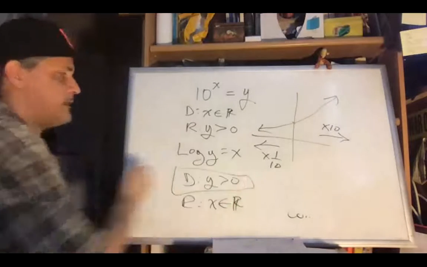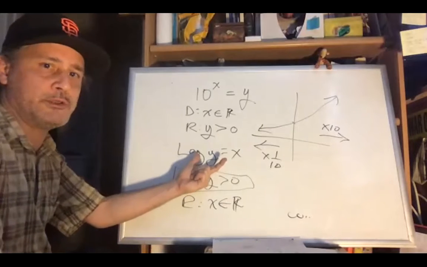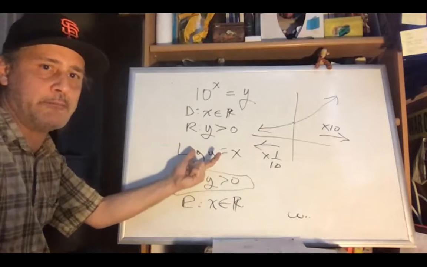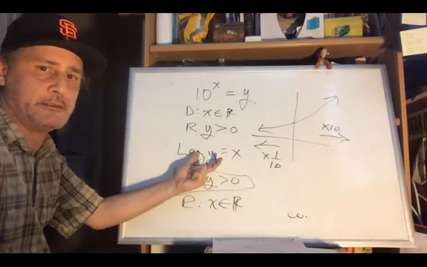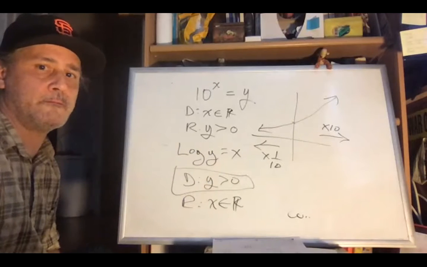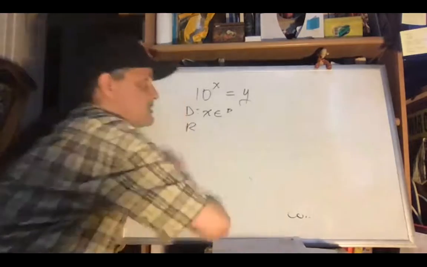So this is the domain issue. Whatever value we want to relate to an exponent has to be a positive number. We can't just apply an exponent to get a negative number. That's the domain issue: it has to be greater than 0.